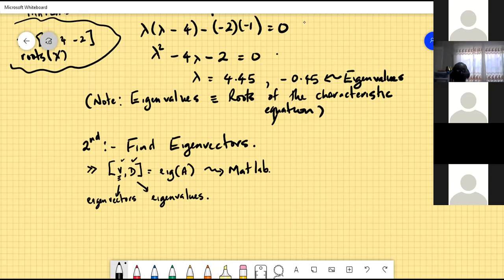All right, but by hand now, the equation that we solve is A times, I'm calling it [x y], is equal to lambda, which is the eigenvalue, times [x y].